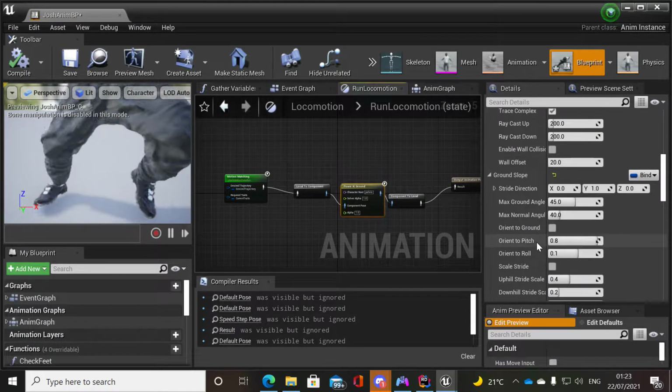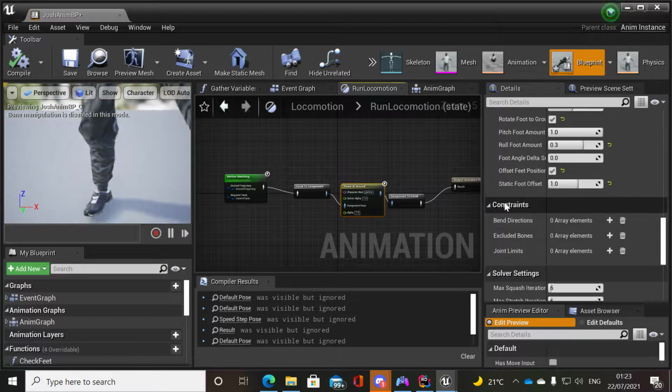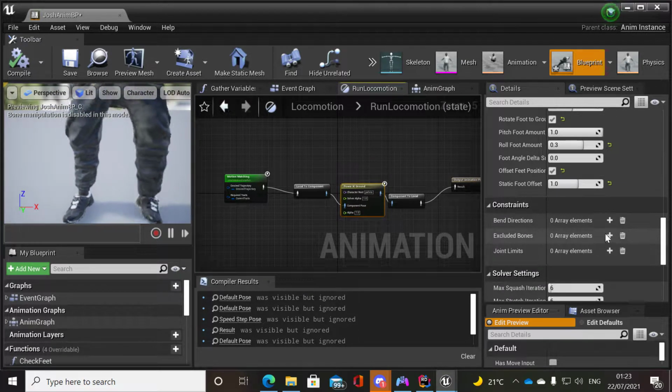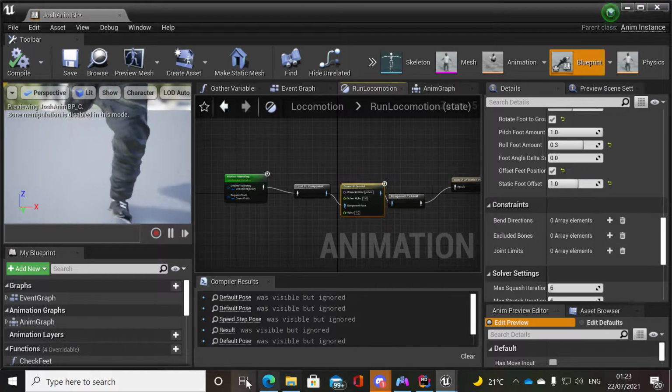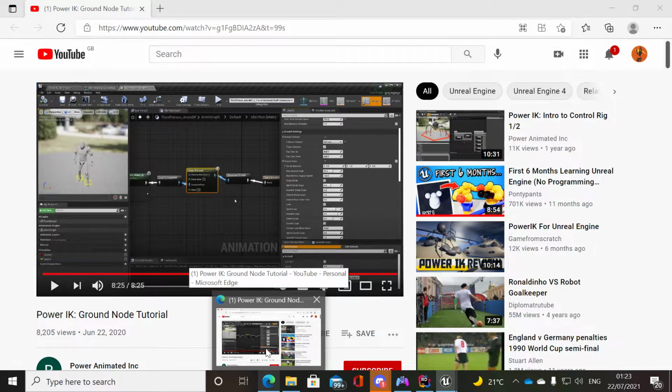Okay. So does it say anything about those bands? I think the other guy was playing with those, right? The guy that you were watching before. Oh, what's his name? I don't know. Search Power IK.